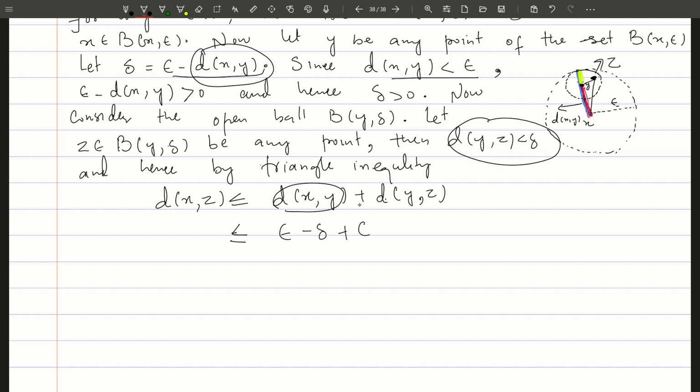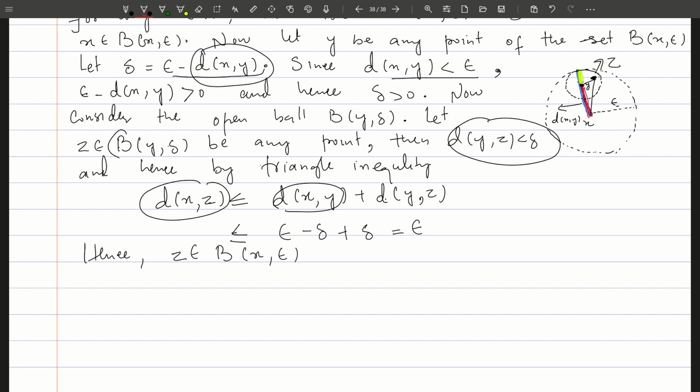I'm sorry, delta. So this is equal to epsilon. That means the distance between x and z is less than epsilon, which is only true when z is in the open ball B(x, epsilon). So hence z is in the ball B(x, epsilon).